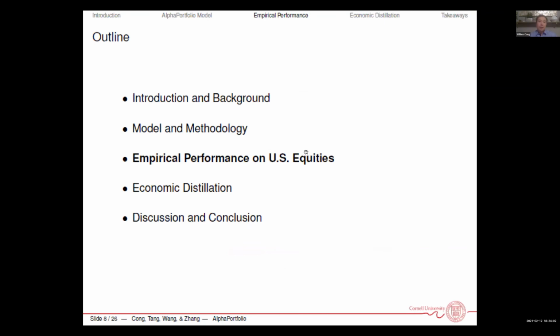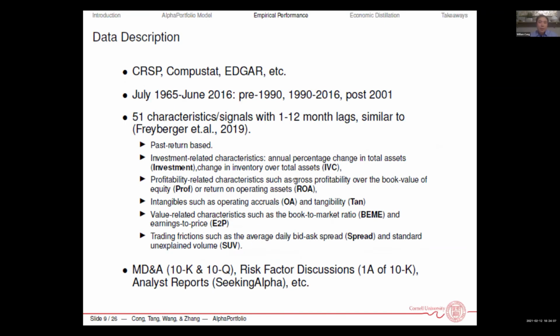Empirically, we can test this on many different assets. Here, we're just going to use US assets. Input variables are very standard. Here we pick 51, following this recent paper by Freyberger and co-authors in RFS. 51 variables and a 12-month window. So it's 12 times 51 input variables, very high dimensionality.